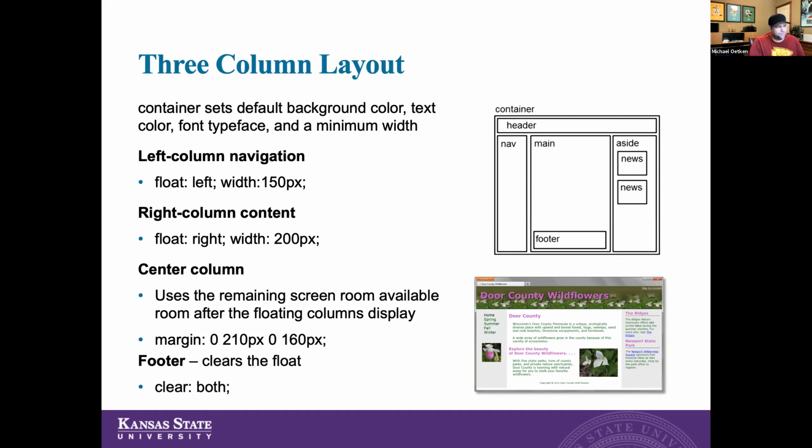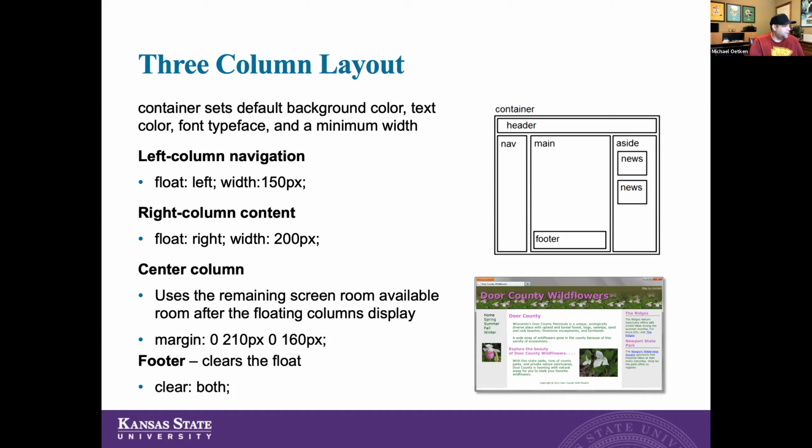Then we'll usually assign a pixel width to it. So for example, this one's 150. For the right side, that sidebar, we'll use that aside element. We'll float it to the right. Again, we'll assign a pixel width to it. The center column will just take up whatever's remaining within that space.